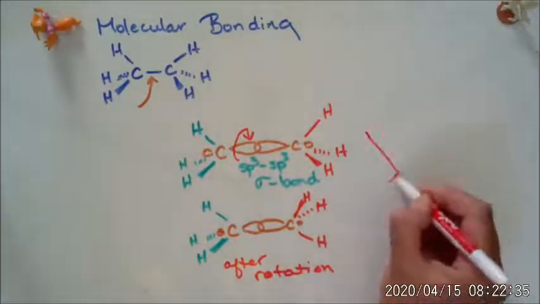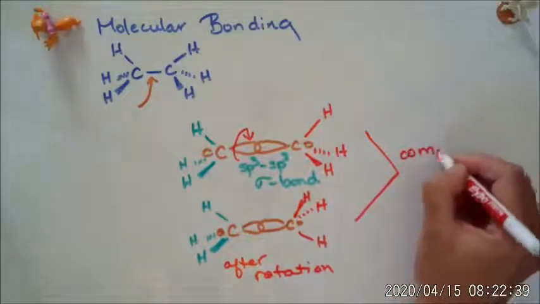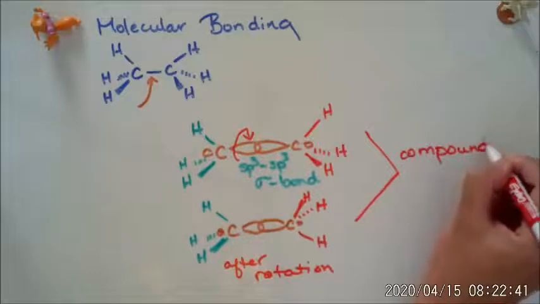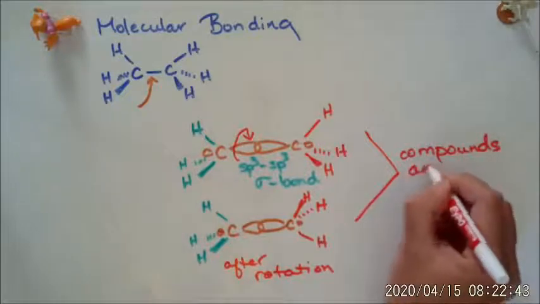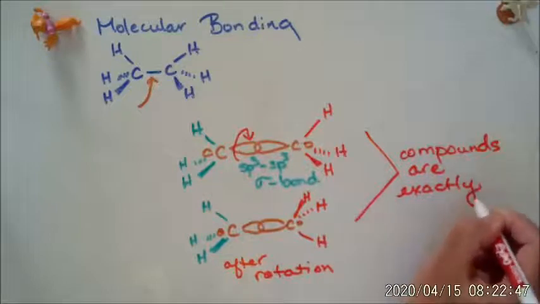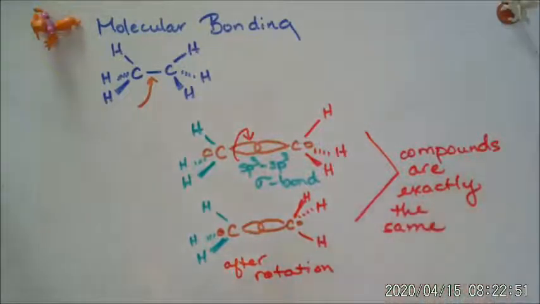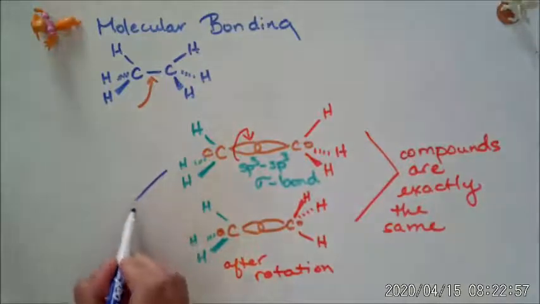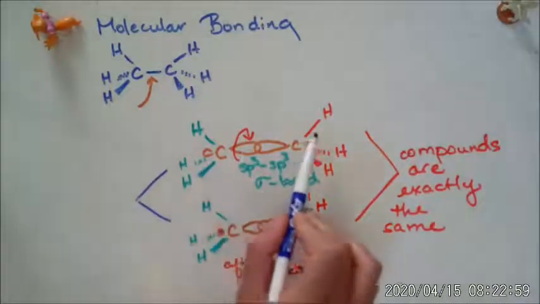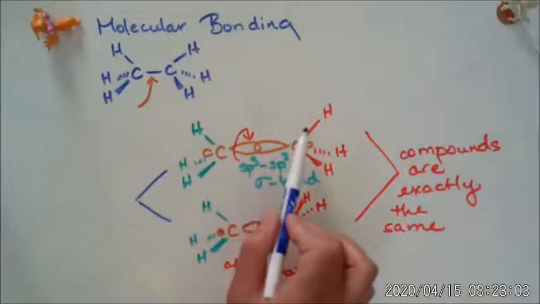Notice, however, these compounds are exactly the same. Not a big surprise there. And just so you know, how do we differentiate between these two? The only difference between these two is the location of the hydrogens. One is in the same plane here.